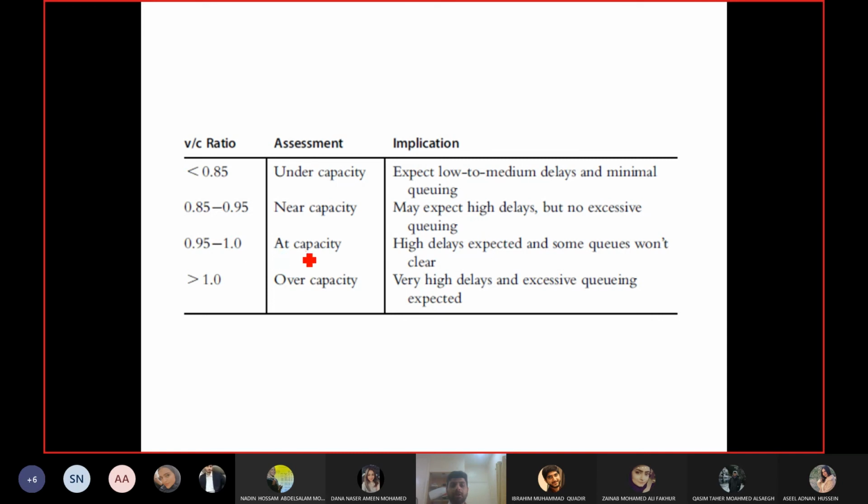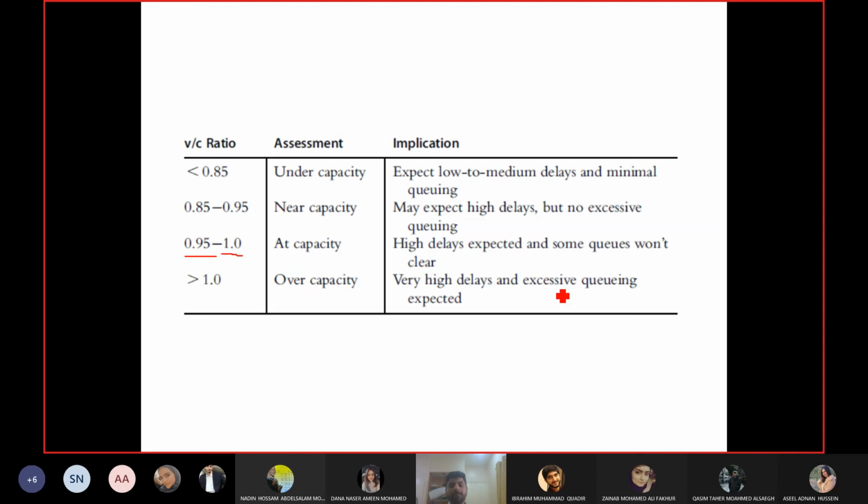If it is 0.95 to 1, then this is capacity. Actually 1 is the capacity, but when you have exceeded 0.95, you are very close to capacity, so we call it capacity conditions, because now any small change in driver behavior can cause long traffic jams.